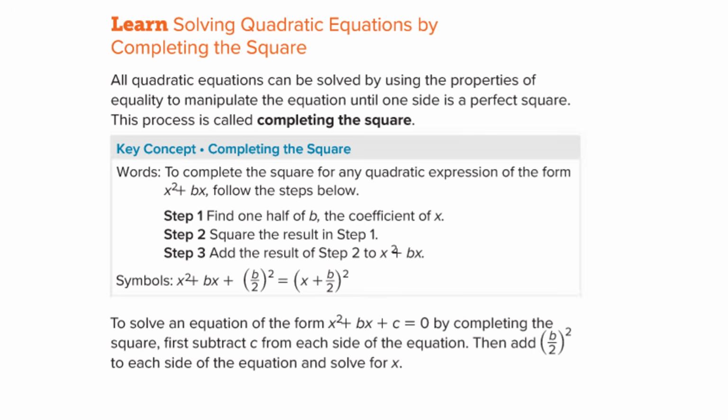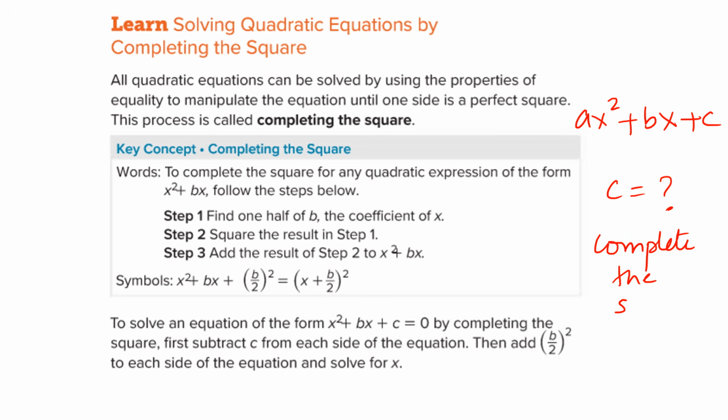Now, before we go to the next question, which is from module 1, learning objective number 5, I need to revise for you the method of completing the square. So pay attention. There are 3 steps you will be doing. For any question that you get from this part, quadratic functions, the equation will be of this form: ax square plus bx plus c. It will ask you 2 things: find the value of c, and complete the square.